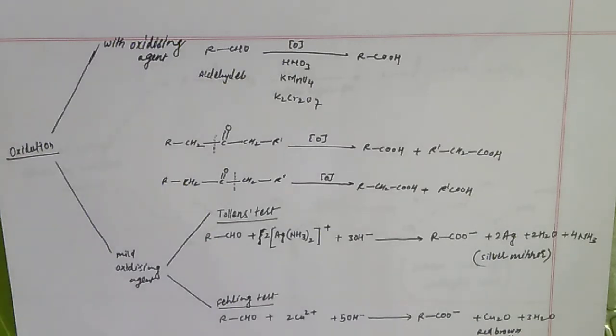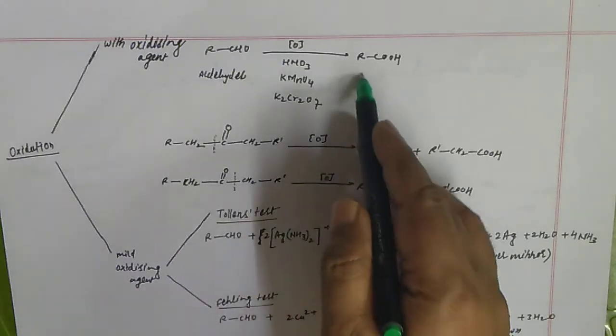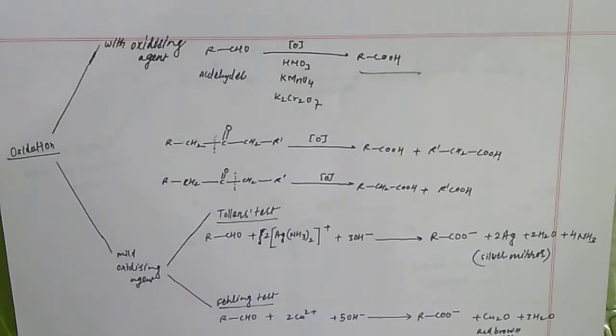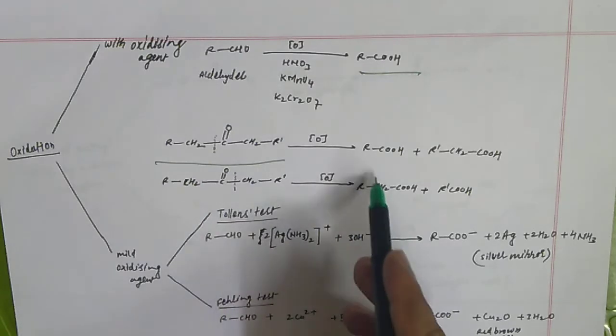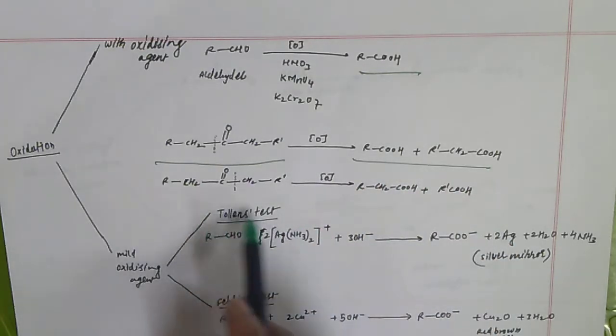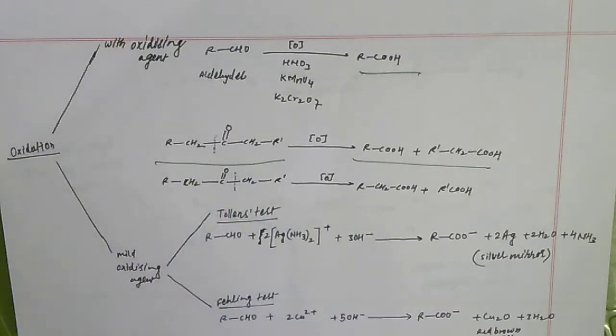If you are taking a strong oxidizing agent like nitric acid, potassium permanganate or potassium dichromate, they will easily give the carboxylic acid. Even a ketone, under vigorous oxidation, will also give carboxylic acid, and depending on the cleavage of the ketone, the product will be decided.